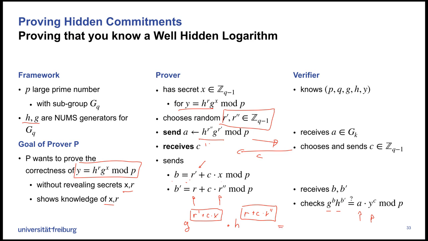And on the other side, we have H to the power of R prime prime times A, so this is the A, G to the R prime. It's also hidden. And then we have Y, which originally is H to the R times G to the X.